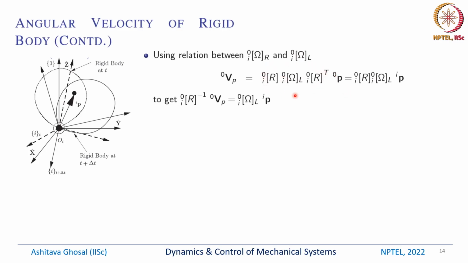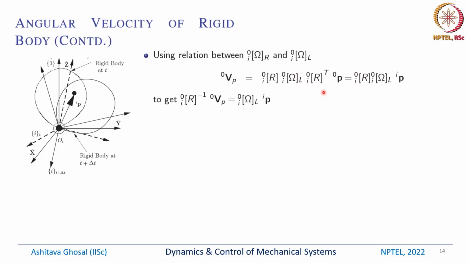Because remember, this is the omega s, the space fixed angular velocity vector, and the matrix associated with it was omega R here, but then I am writing omega R as R omega L R transpose.